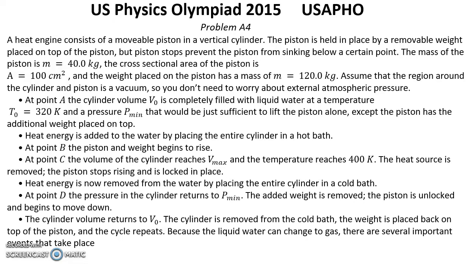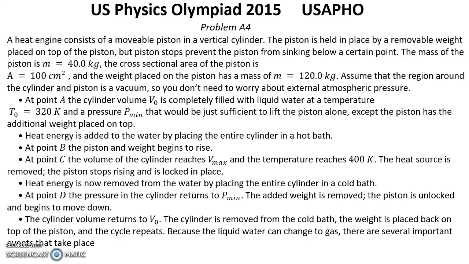At point A, the cylinder volume V0 is completely filled with liquid water at a temperature of 320 kelvins and the pressure P minimum. That would be just sufficient to leave the piston alone, except the piston has the additional weight placed on top.